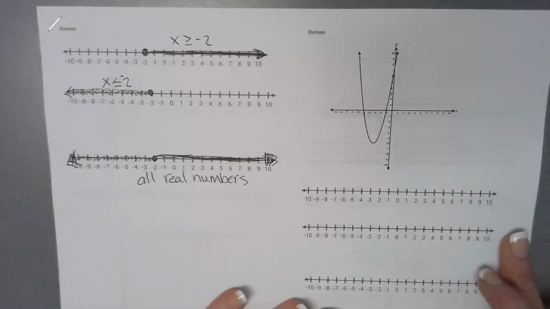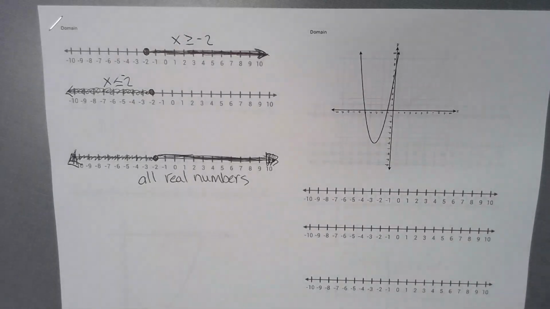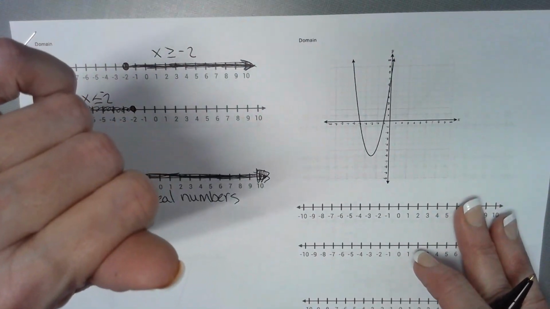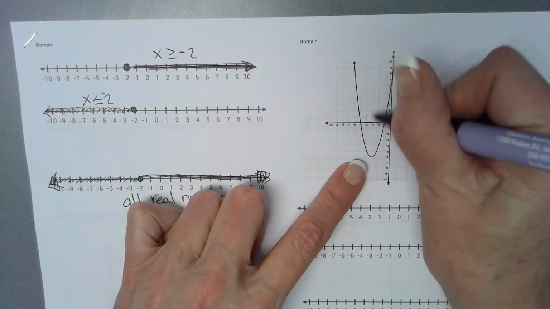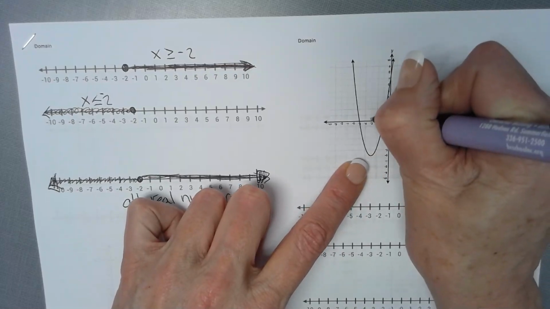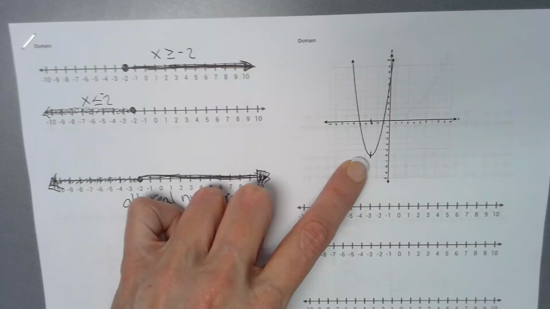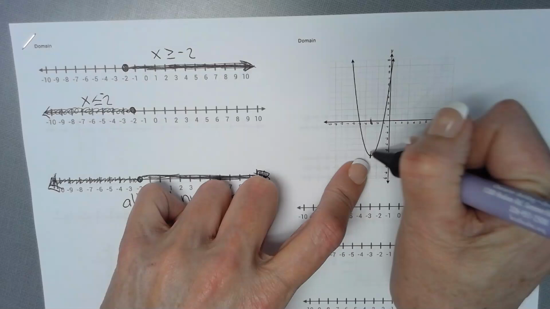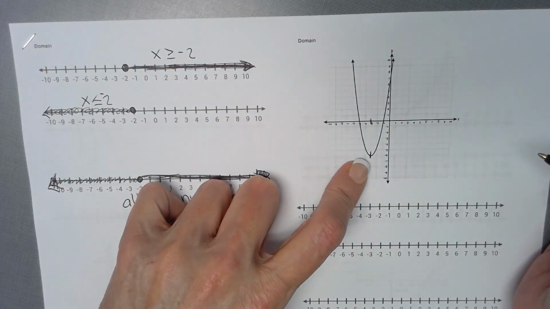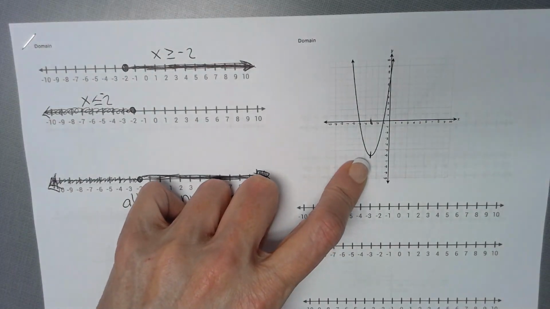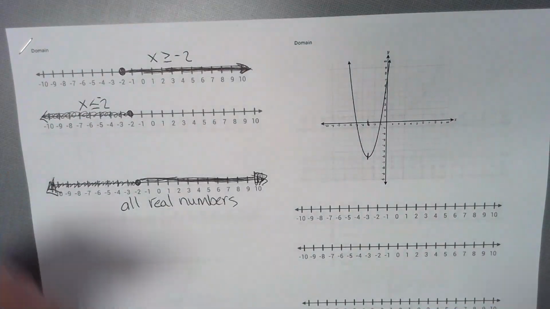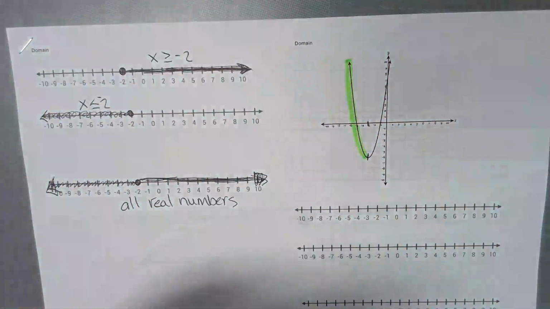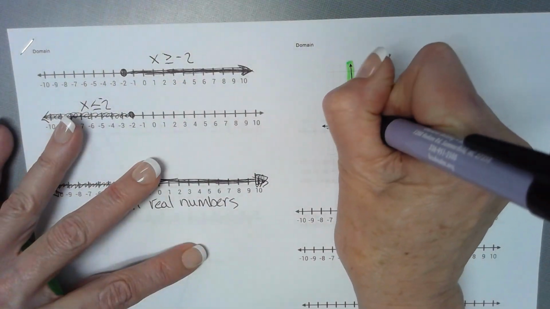For domain here, I'm going to relate something we've already done. We have done increasing and decreasing intervals. We know that the increasing and the decreasing changes right at that vertex, which is where x is -3. If I'm riding a roller coaster from the left, the first thing I do is go downhill. Y'all agree? So this is where it decreases.